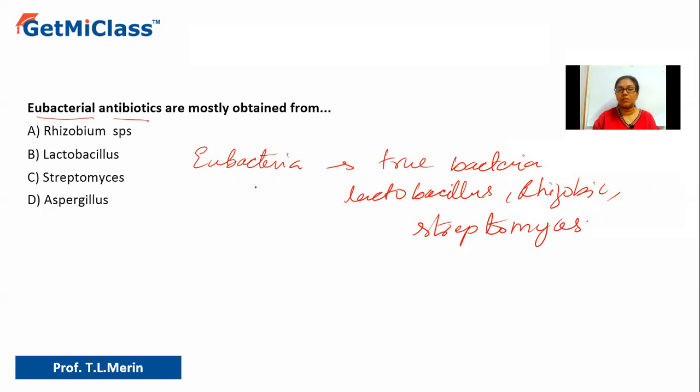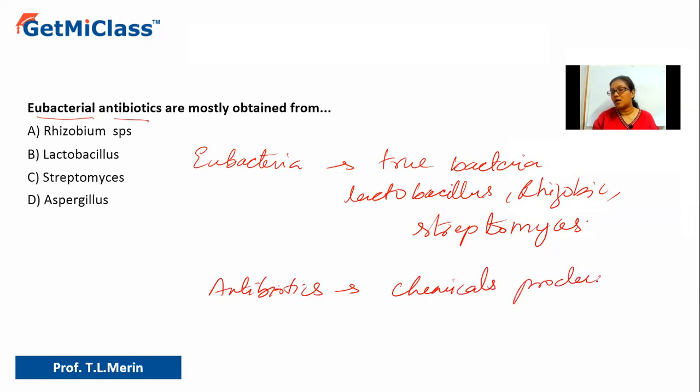So there are many organisms which produce antibiotics as a defense mechanism. They try to kill other organisms by producing certain chemicals, and these chemicals are called antibiotics. So what are antibiotics? Antibiotics are chemicals which are produced as a defense mechanism.